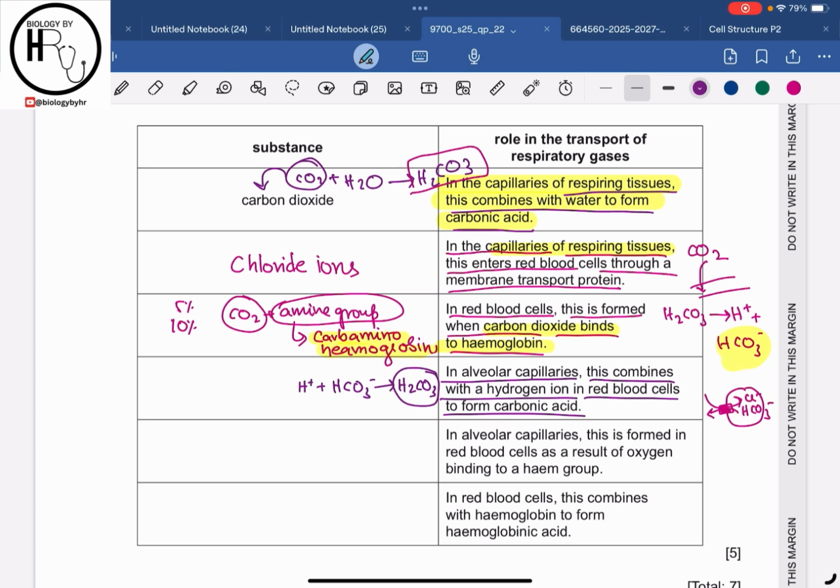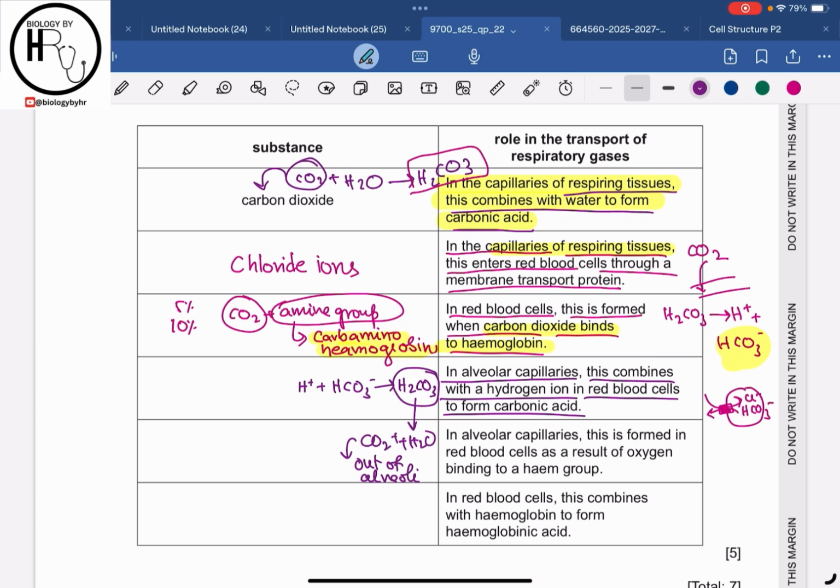And then in the alveolar capillaries, this carbonic acid is dissociated into carbon dioxide plus water, and then this carbon dioxide is diffused out of the alveolus or the alveoli, and then it is excreted out through the nose. So this is how the carbon dioxide is excreted out.